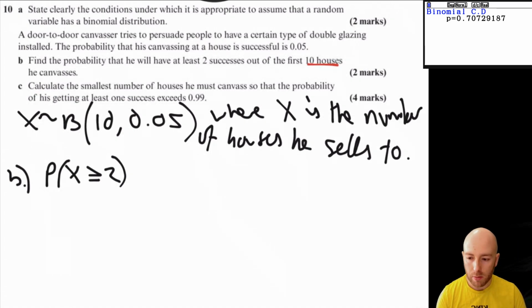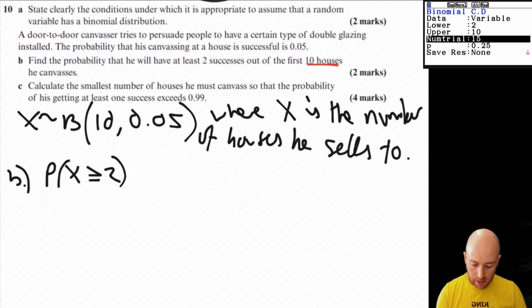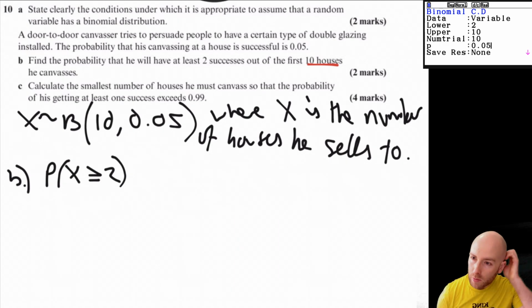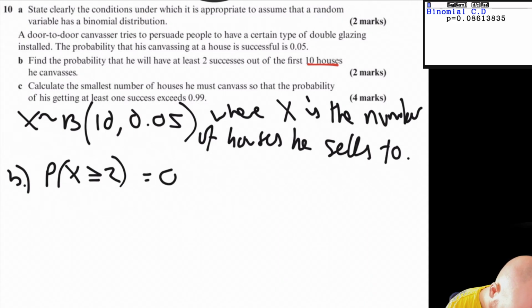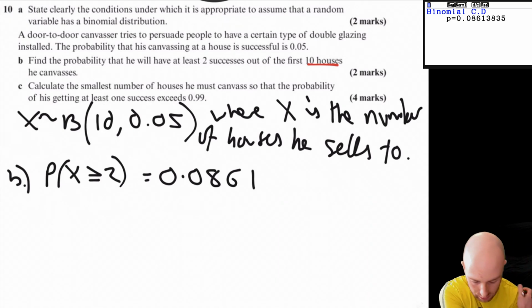So calculator up. Lower is going to be 2. Upper is going to be 10 because there's 10 houses. Number of trials is 10 as well. And p is 0.05. Okay, so we get 0.08614, 861 in that case.